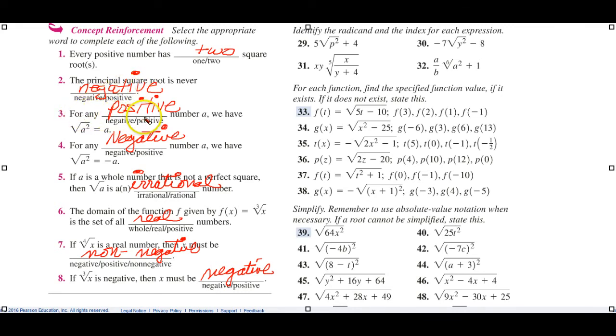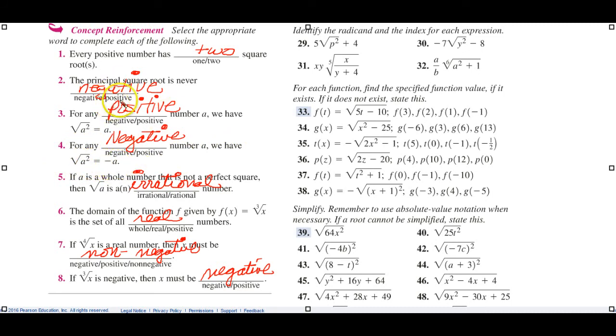For any positive number a, we have the square root of a squared equals a. So this one's positive. For any negative number a, we have the square root of a squared equals a negative a.